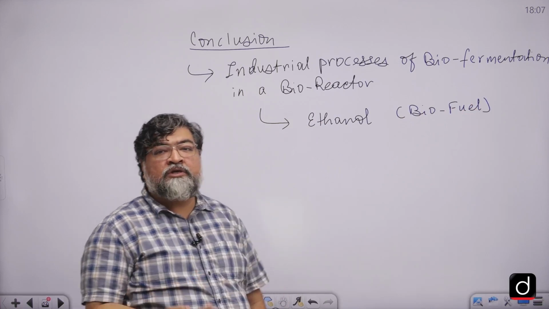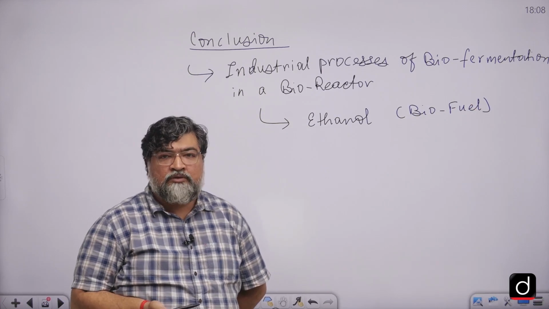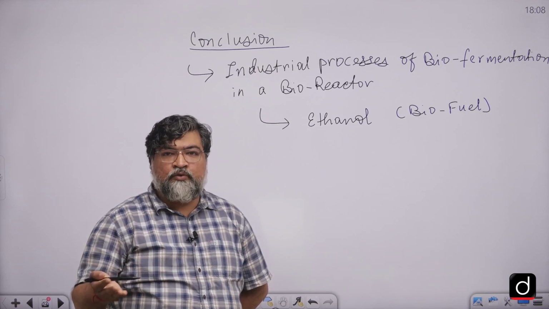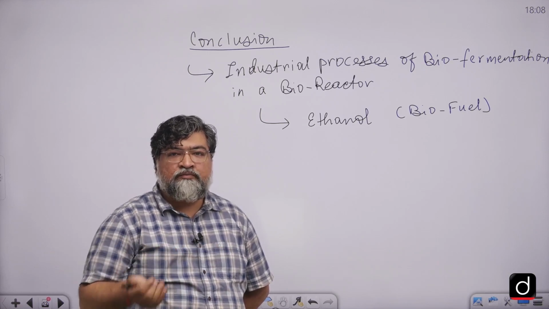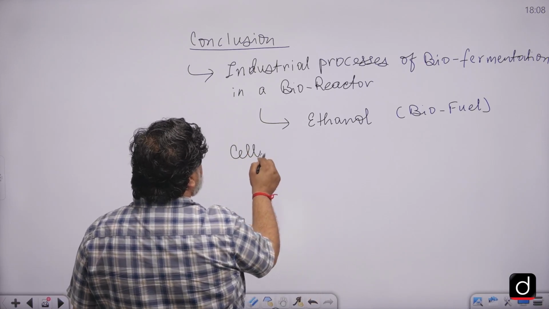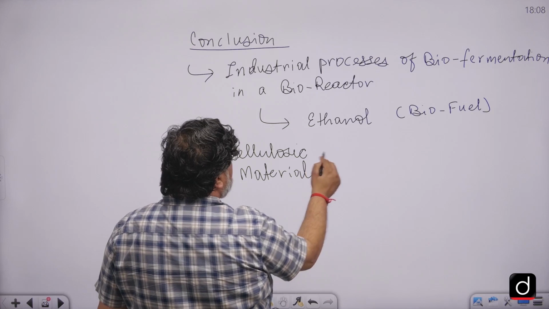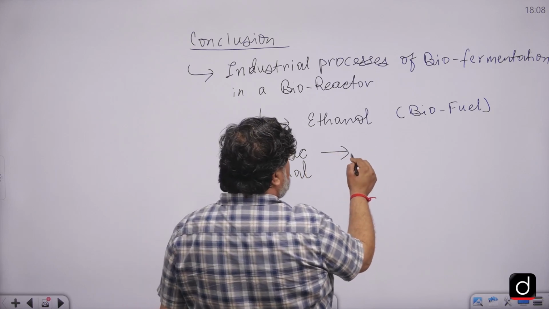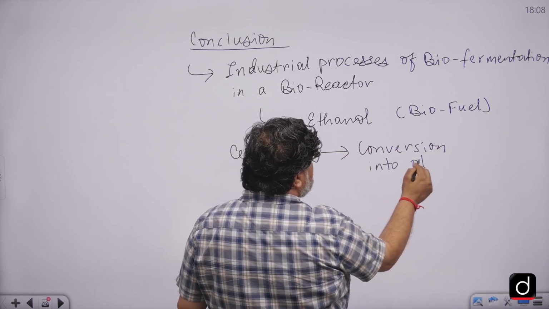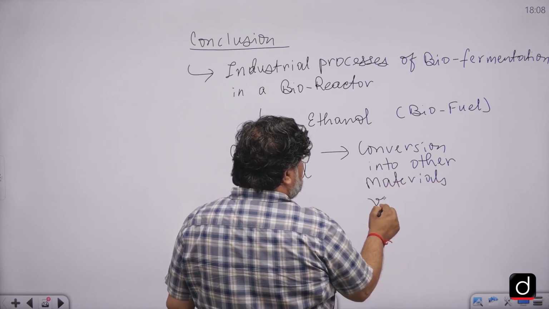Today a lot of research is being carried out to convert such plant material through the process of fermentation into ethanol, and that bioethanol can be used as a fuel in vehicles, like ethanol blended petrol. Or we can use cellulosic material and convert it into other materials, such as paper and pulp.